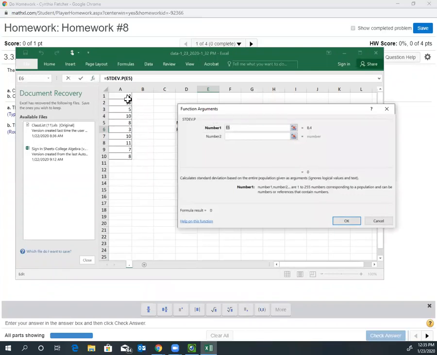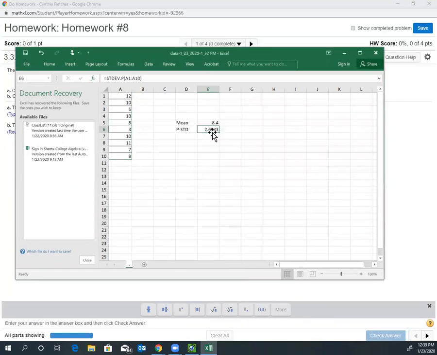For my data, I'm selecting the first cell, pressing Shift, and selecting the last cell. So that highlights the entire data set, and then press OK. And that is my population standard deviation.